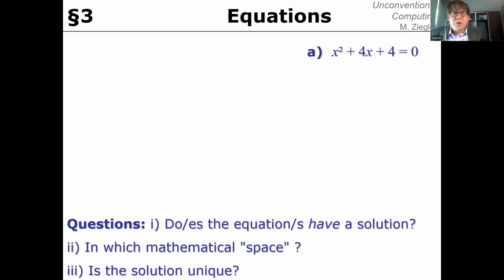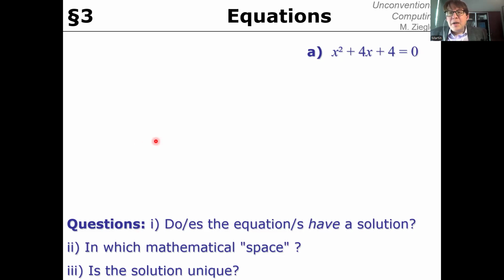Question for you in the chat. Any other solutions? Okay, let's cut this short. Yes, there are no other solutions. Technically, -2 is a double solution, a double root of this equation. So in this case, we have no other solution.